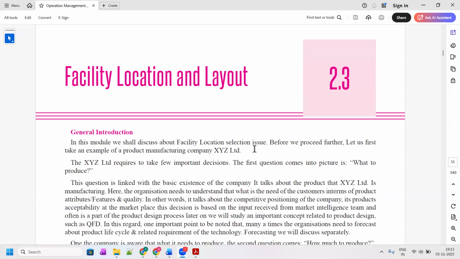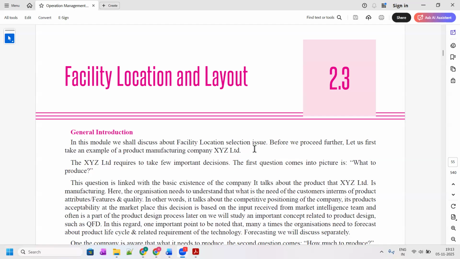So here we'll talk about the location. What is the relevance of the location of the plant wherever you are planning to manufacture your raw material into finished good? Does the location matter, and if it matters, to what extent?